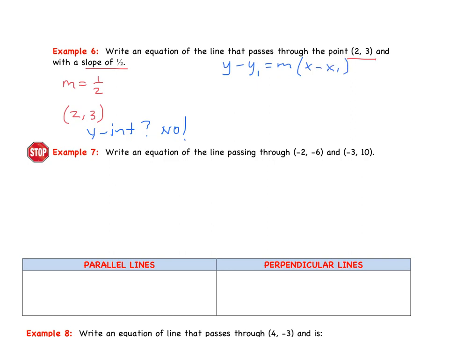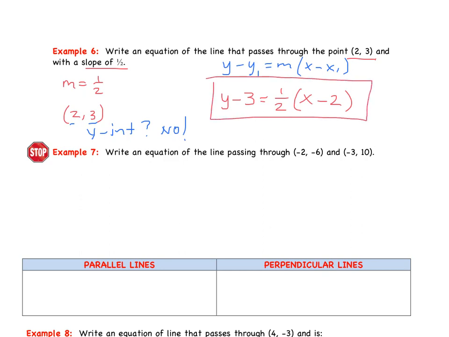So we just plug in. Our y1 is 3, our x1 is 2. So our equation: y minus 3 equals 1/2 times (x minus 2). No need to ever convert it to slope-intercept form. You leave it in this form and you move on.